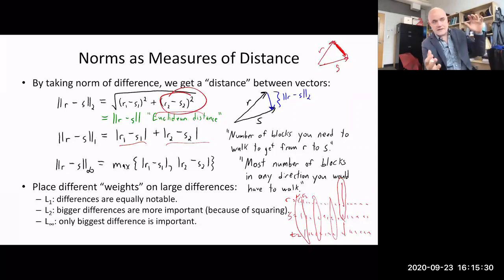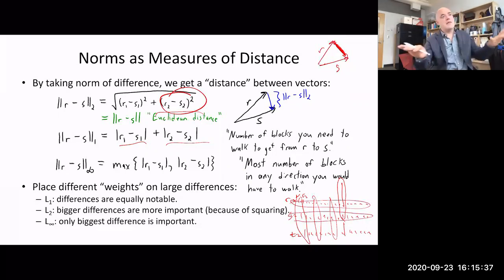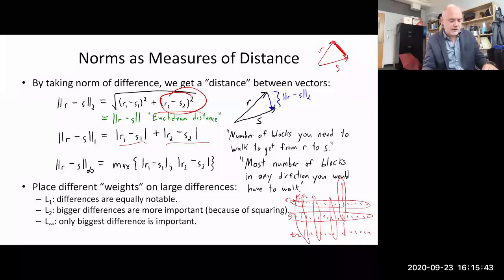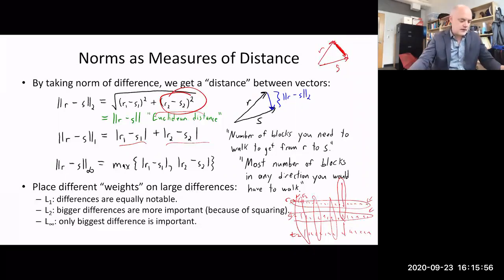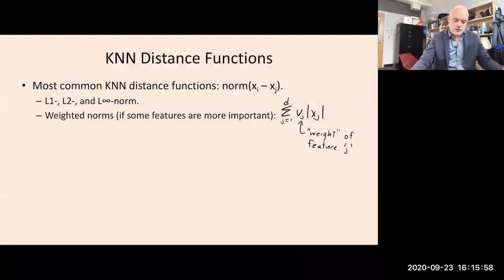Large differences in any one dimension could end up meaning that two vectors that are otherwise extremely similar end up not being neighbors, simply because there's one element of the vector that's widely divergent. Whereas the L1 norm is less sensitive to this. And this is going to show up in a couple of different cases, in particular when we're doing regression, and these are differences between our prediction and the true data.